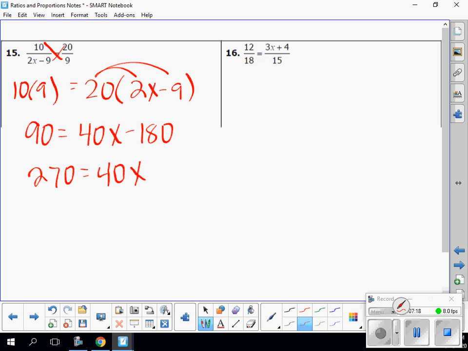And then when you divide, you should get, and if the decimal doesn't work out, you can leave it as a fraction in simplest form, but that's what we would get for x.